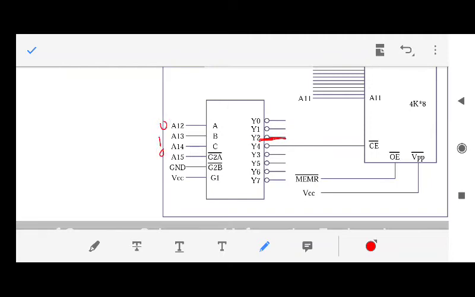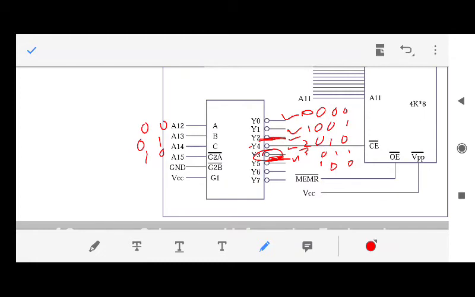If you are using, let's say, pin number 4, first, second, third and fourth, that is the 0th pin, first pin, second pin, third pin and fourth pin, then what will happen? It should be 000, 001, 010, 011, 100. It should be 100.